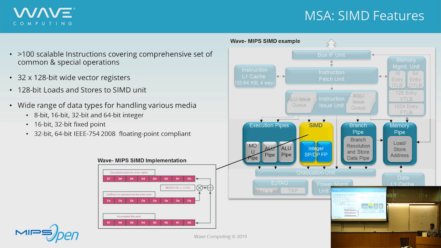So you could design your SIMD to your desired size. In this particular example it is a 128-bit wide SIMD. We have roughly, I think, some 150 instructions just for the SIMD, meaning that you can do dot products, MAC, multiply, accumulate functions. So it's pretty useful for running, let's say, TensorFlow, Caffe, or any of these algorithms. It doesn't compete with dedicated hardware for AI, but if you're doing learning, for example, there's a floating point engine there as well.